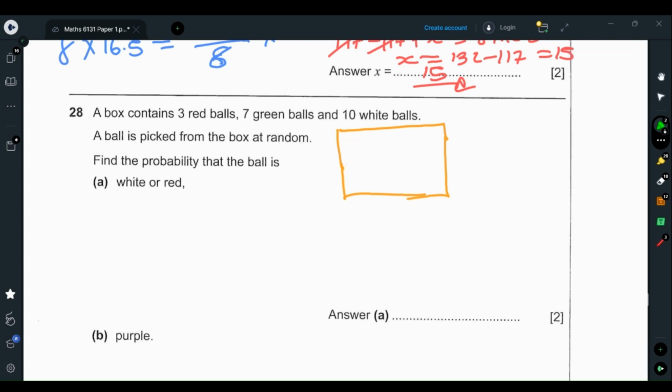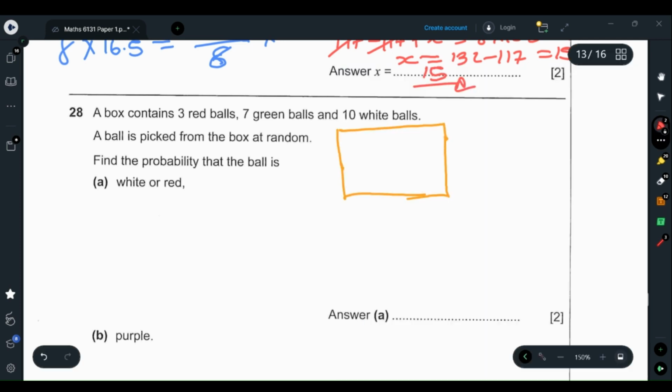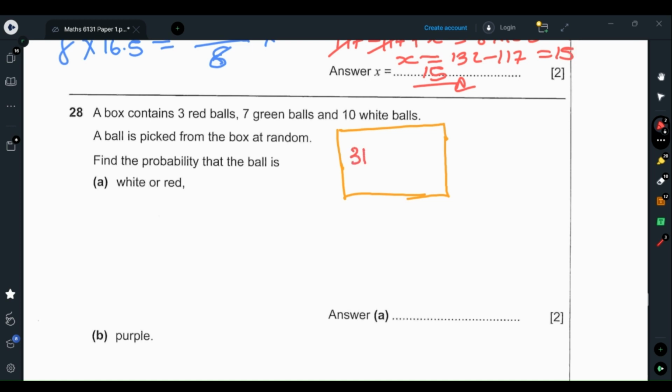So what I'll do instead, I will write 3 red balls, 7 green balls, G for green, and 10 white balls. 10 for white balls.